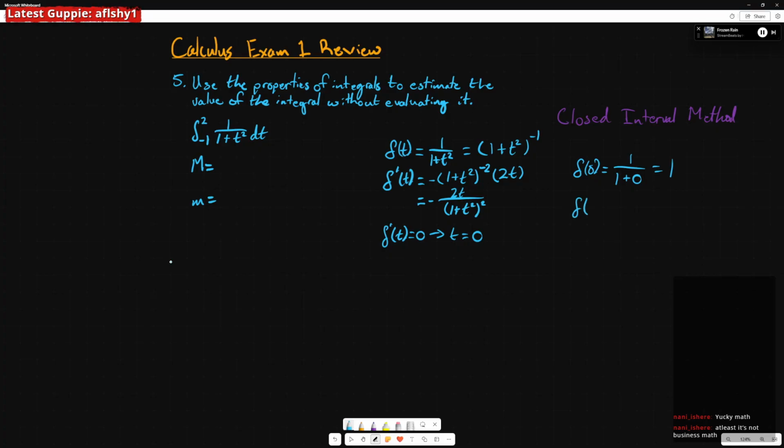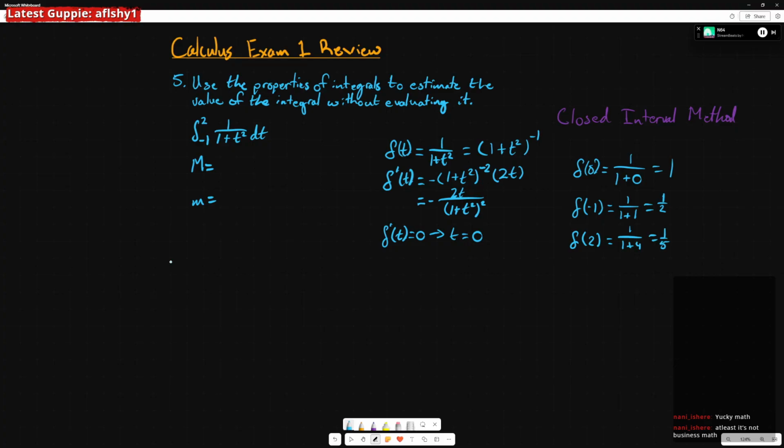And then we have f of -1, which is equal to 1 plus 1, because the negative gets squared out, so then it is just 1/2. And then we have f of 2, which is equal to 1 over 1 plus 4, which is equal to 1/5.